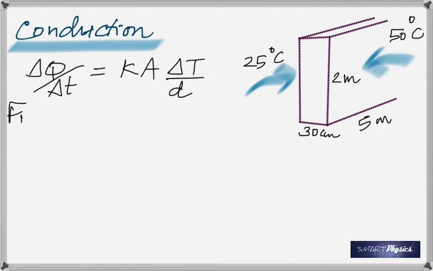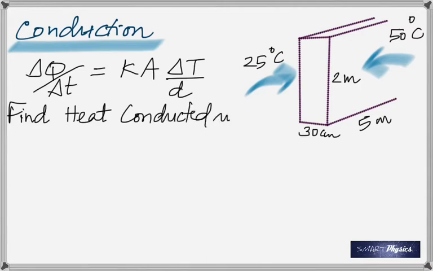Find the quantity of heat conducted into the room in 1 minute. What's the K again? K is 0.84 for brick.